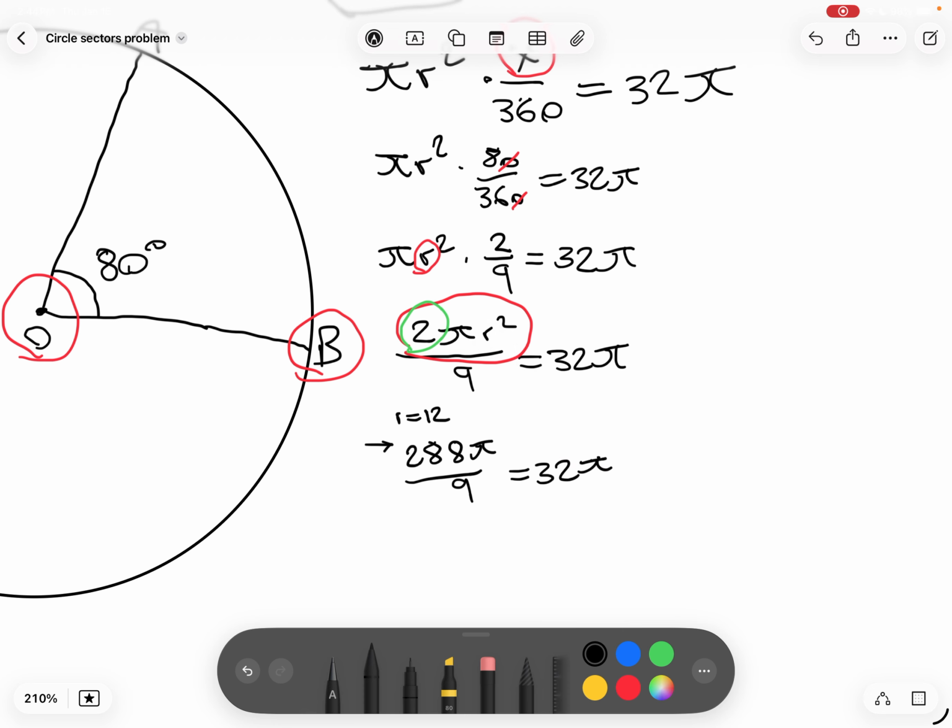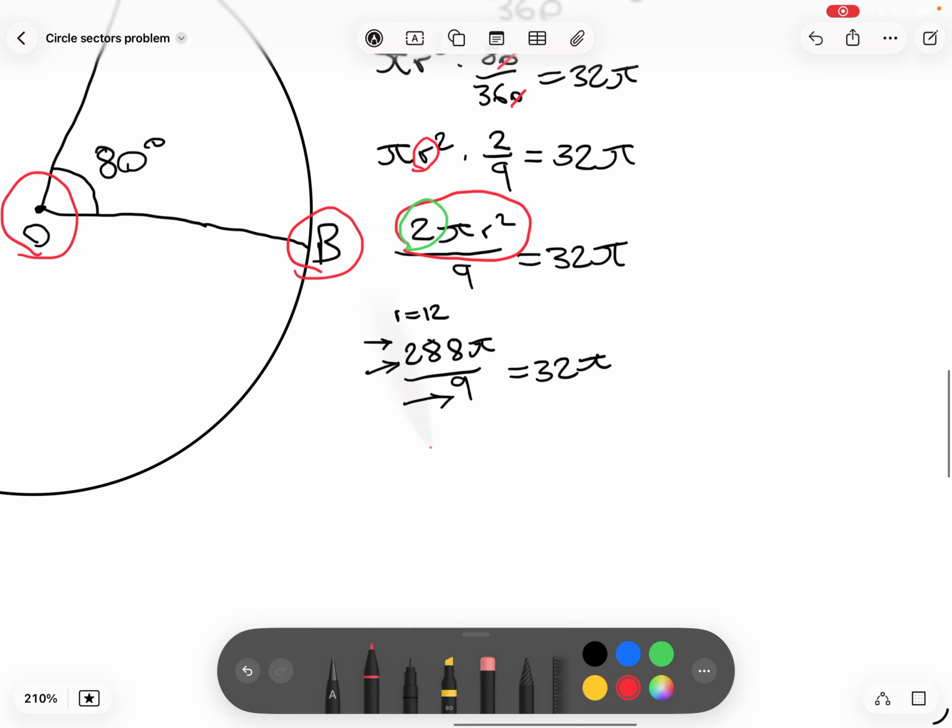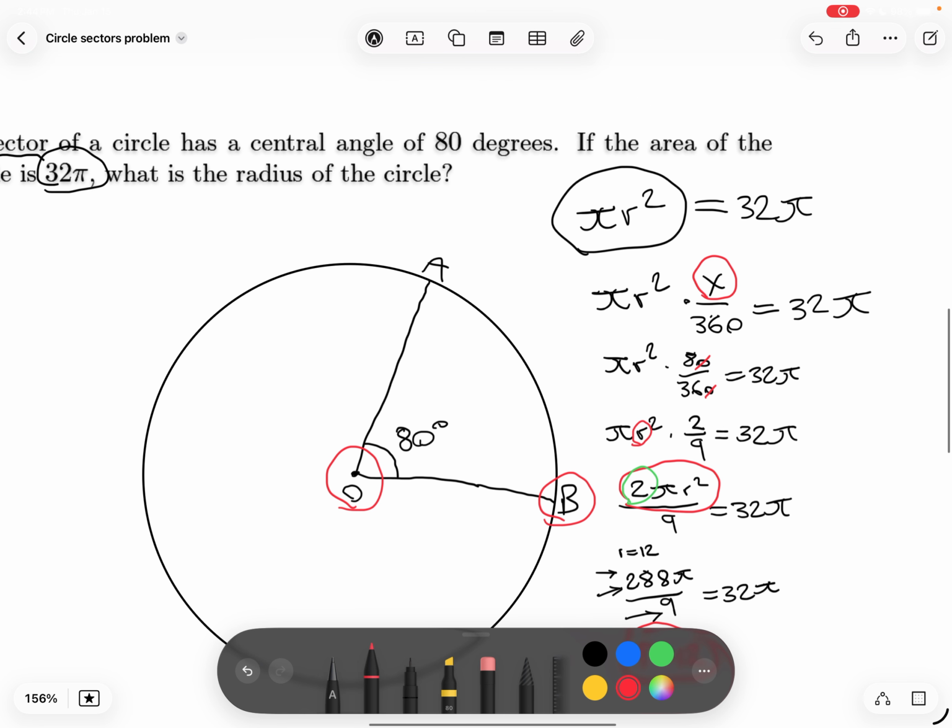And indeed, 288 pi over 9 gives you 32, because you simplify the numerical parts of this fraction. That's how you get to your final value of r. r equals 12. Let's write this out here. That r represents the radius of your circle, which is what they asked for.